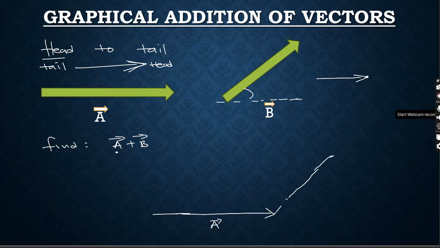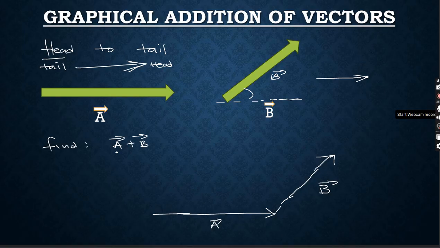I may not be so accurate in drawing lines. So this is going to be our vector B. I'm just drawing vector B the way it is here, as you can see, but it's starting from where A is ending. Now what you are going to do next is connect the two lines.